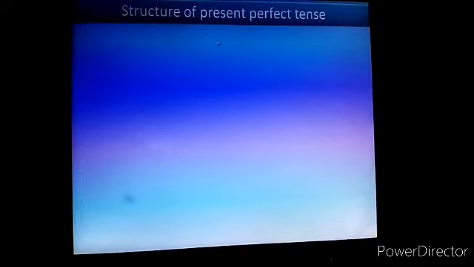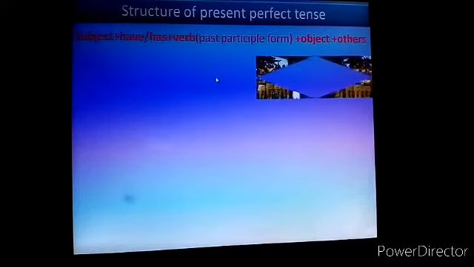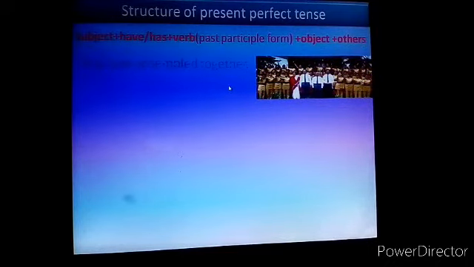A structure of present perfect tense: subject plus have or has plus verb, first participle form, plus object plus others. Here, they have assembled together. The subject is they, have assembled is the verb, first participle form, together is the other part of the sentence.